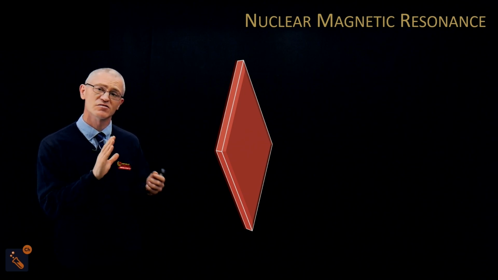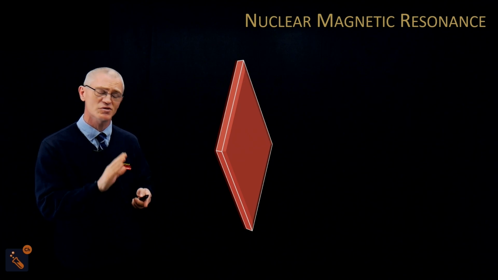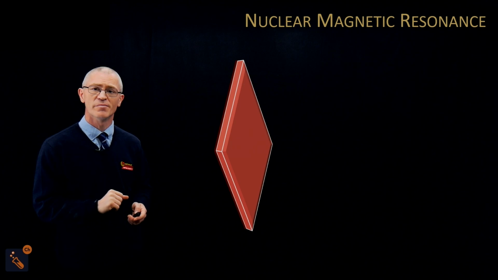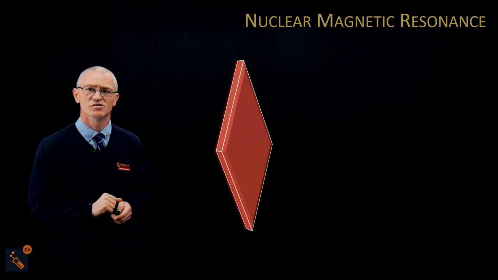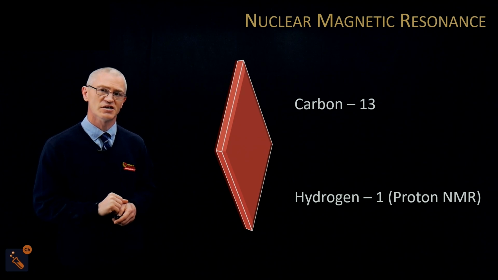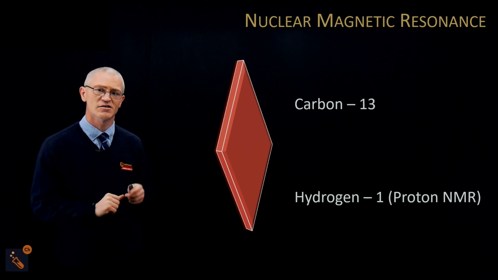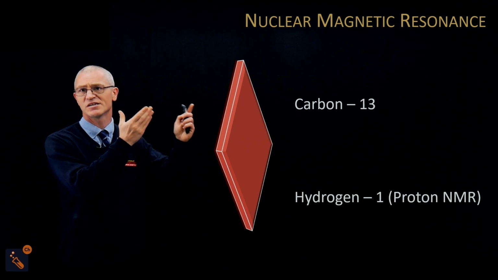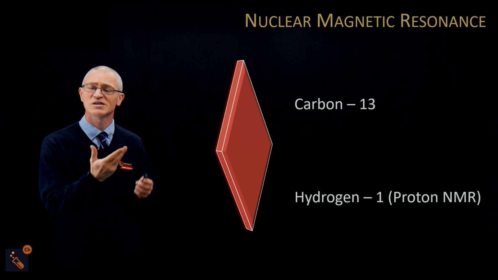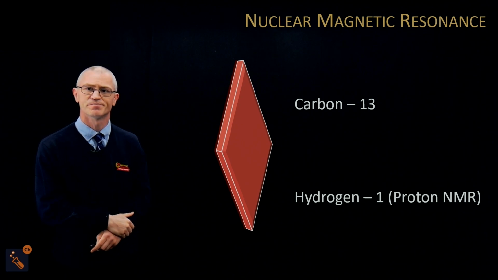Now that's not particularly important, but what it means is that half spin is dependent on the fact you have an odd number of nucleons, which is protons and neutrons. And the two which you're going to do in your exams is carbon-13 and hydrogen. If you think very quickly, carbon-13 has 13 nucleons, hydrogen has 1, both odd numbers, which means they'll get this half spin that we're talking about.